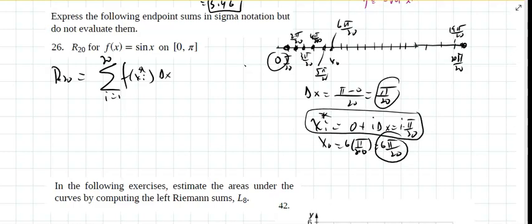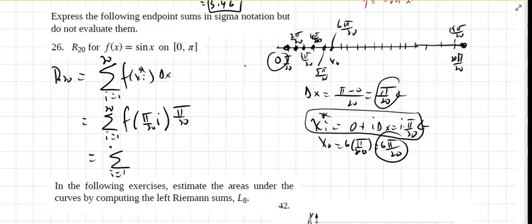So that's going to equal the series i equals 1 to 20 f of pi over 20 i times delta x, pi over 20. That will be the series i equals 1 to 20.